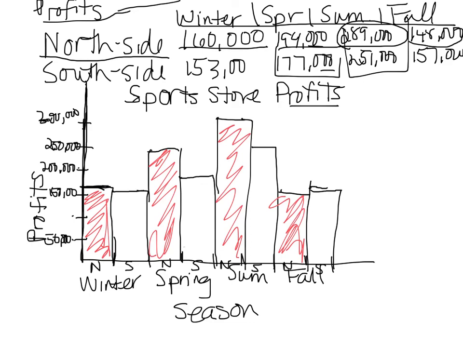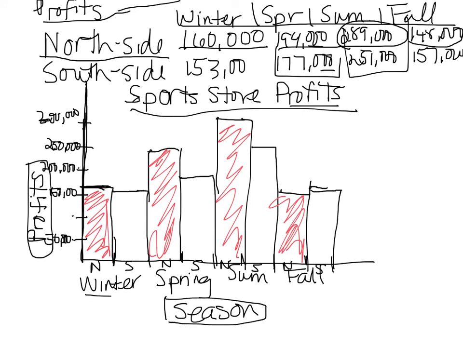So this is our bar graph, and you always need to have a title. You need to have your axes labeled. You need to choose your independent and your dependent variable. Your dependent is really the thing you are trying to measure.